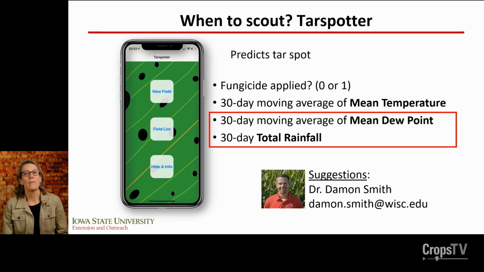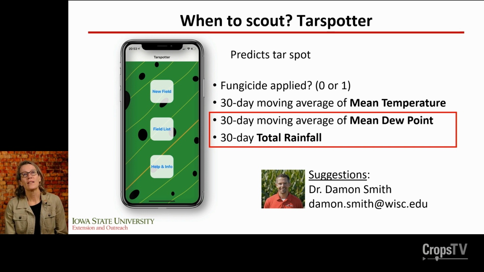So many of you may have heard of the Tar Spotter app that is available, and this app predicts tar spot. It was developed by Dr. Damon Smith at the University of Wisconsin. What I wanted to point out is that as this app has been developed over the last 4 years, Damon and his team have started to realize just how important leaf wetness is, and so they've been including that data in the model.